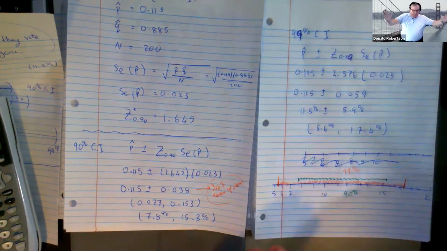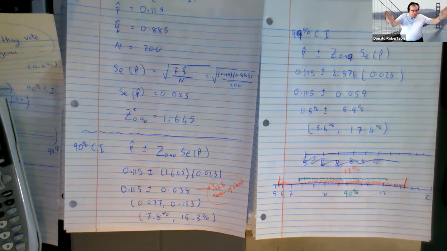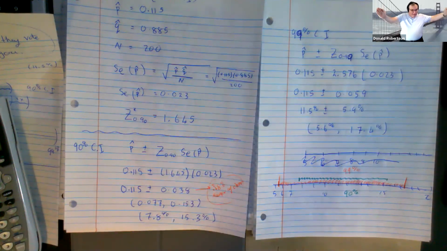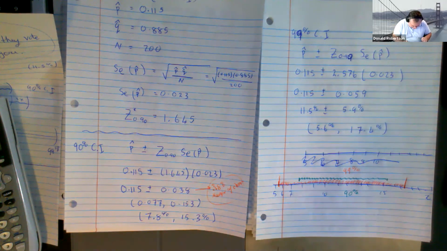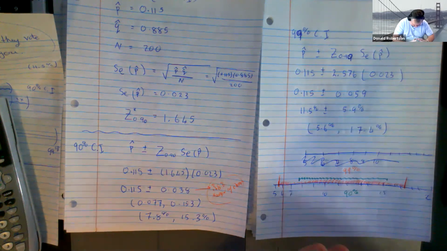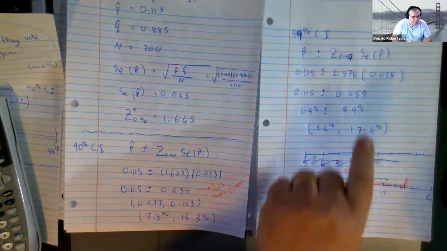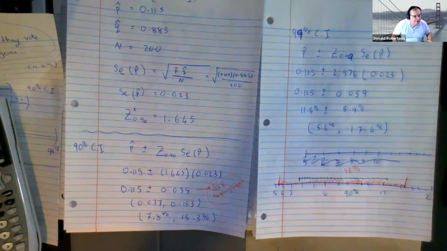Do you see what I'm getting at about the size of the intervals being different for a 90 compared to a 99? That's a truism. That happens no matter what the story is, no matter what the p hat is, doesn't matter. The only thing that really changes is the Z-score. And because of that, the margin of error changes.